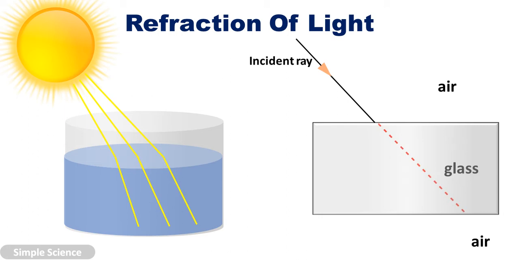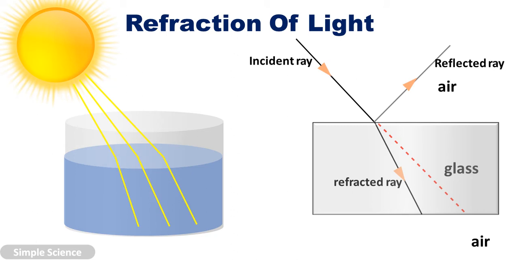It should travel in a straight path, but a part of the light is reflected and a part of light is refracted. That means it passes through the glass, but it bends and changes its direction. Now this ray is called the refracted ray.